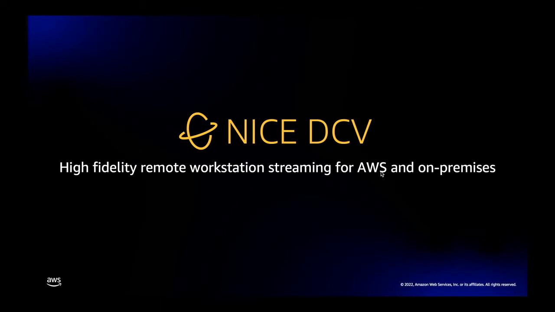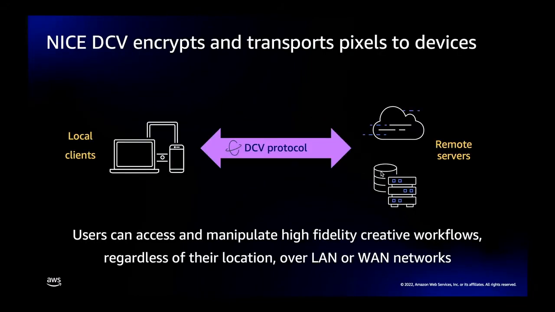NICE DCV is a high performance remote display protocol. In the past couple of years, we've really focused a lot of our energy on addressing the needs of our M&E customers like you. We think it's a good option for high fidelity remote workstation streaming needs, running anywhere, including on AWS or on premises.